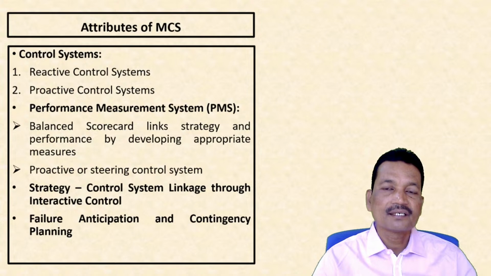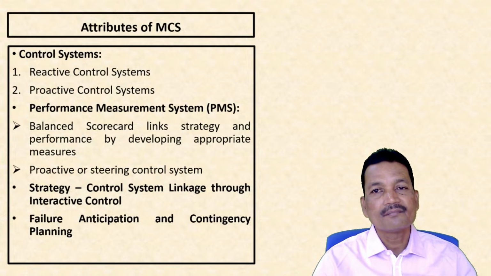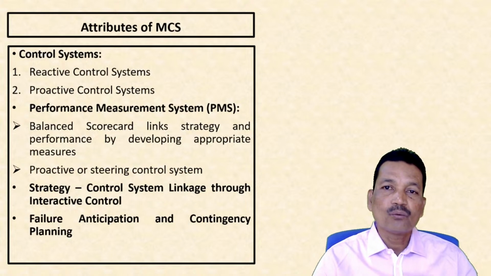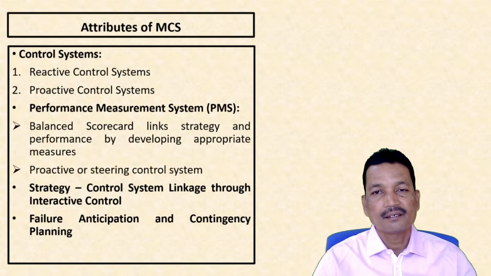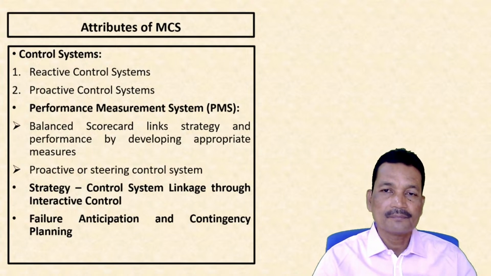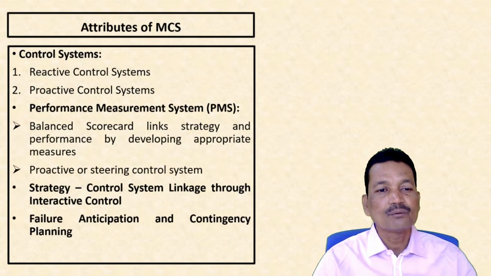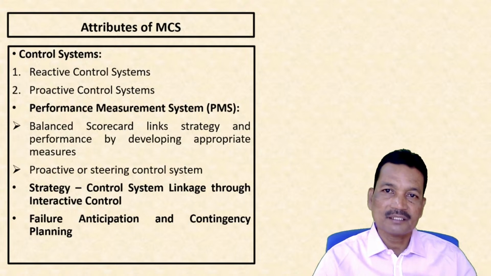That means we shall be getting information and we shall be looking at what is going to happen in the future. That kind of insight will be formed by using the performance measuring system.